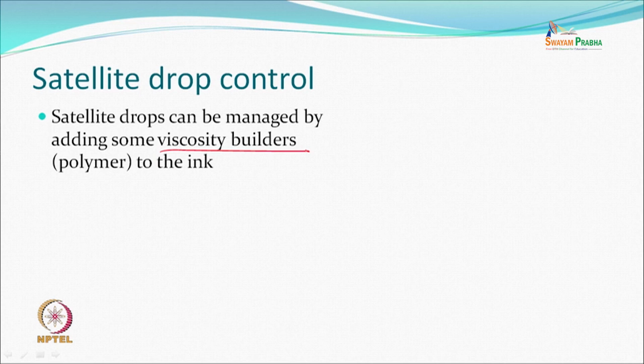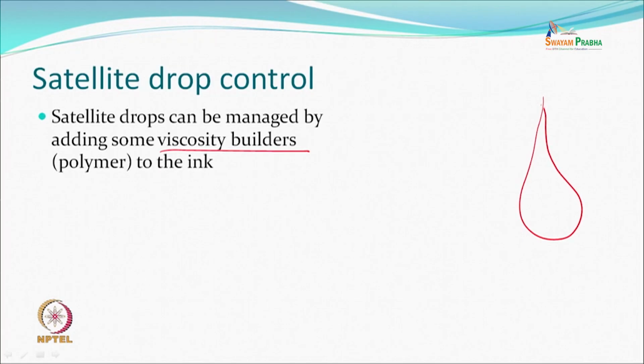Now, this helps to a great extent, because then this so called ligament, when it breaks, would have a tendency to shrink towards the main drop and not break into satellite drops. So, a bit of a change in viscosity can change this behavior, and you may not have satellite drops being created.